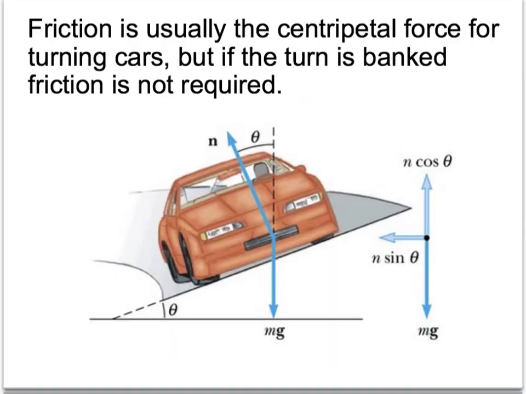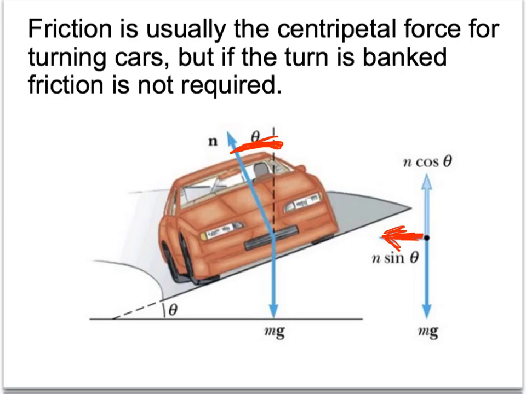Alright, remember that we can also have a situation with a banked turn where, if a car is going in a horizontal circle, it is not friction that provides the centripetal force, but rather part of the normal force, in this case N sine theta, if theta is measured from the perpendicular on the road.